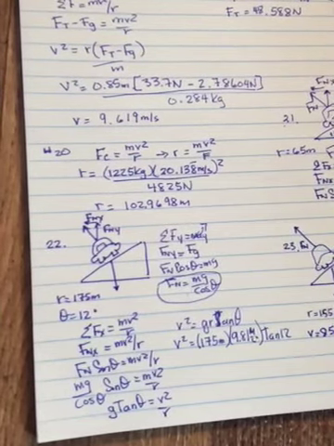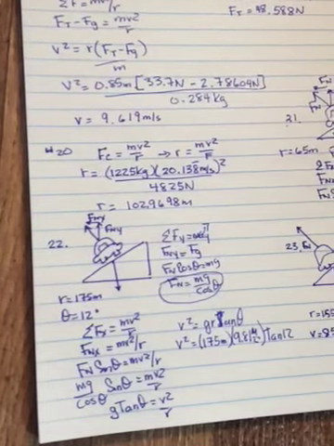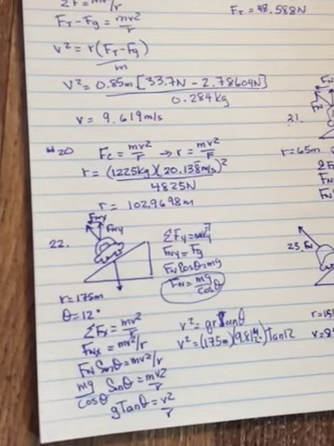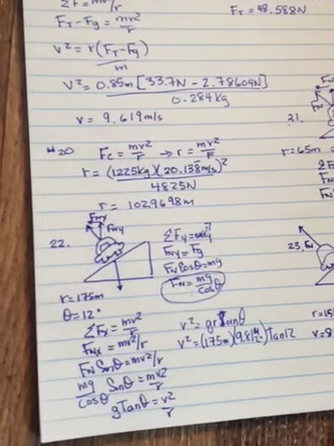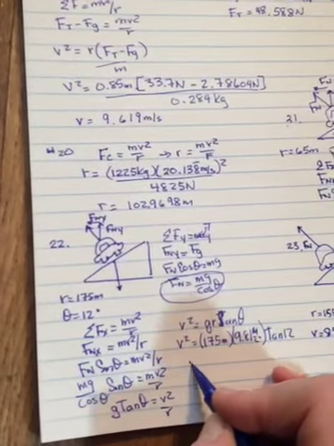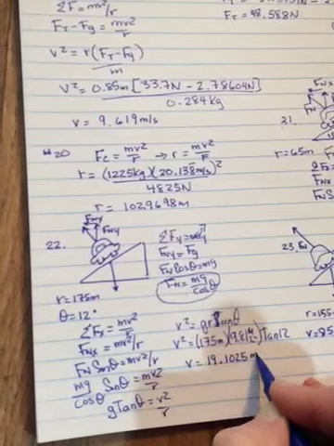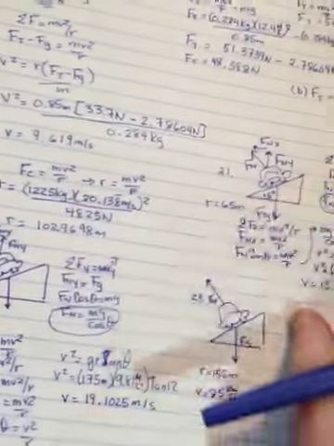So 175 times 9.81 times the tan of 12. Remember to take the square root, and you get a speed of 19.1025 meters per second. Okay?